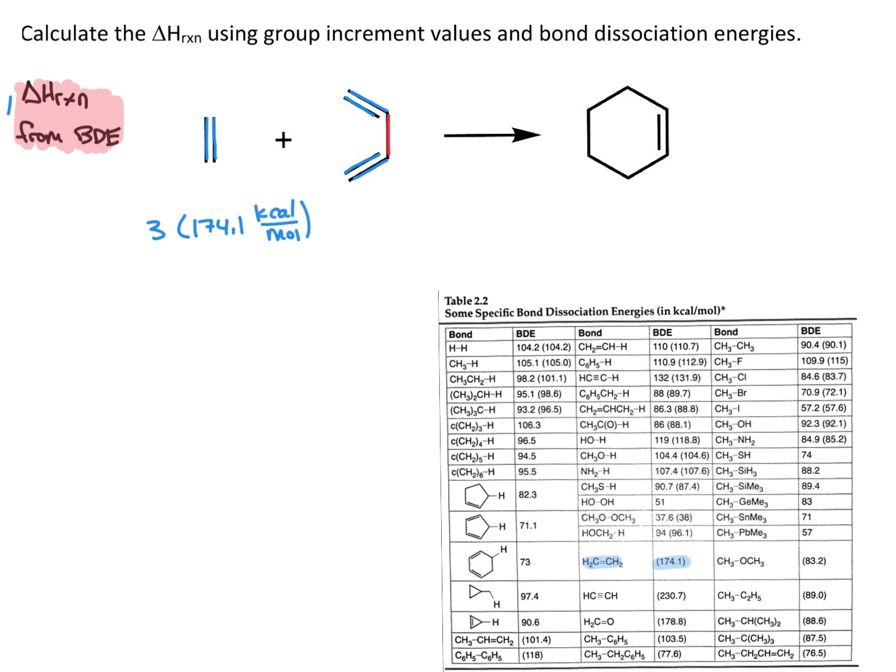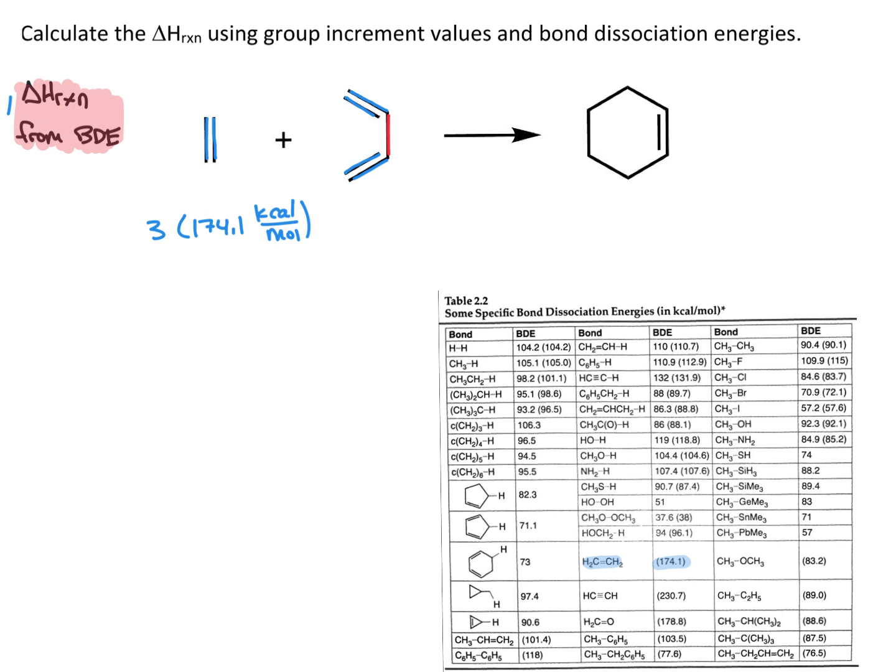Then we'll also account for the sigma bond, and the reason I'm including it is that we're just going to think about this sigma bond completely breaking and being replaced by the complete formation of a pi bond.